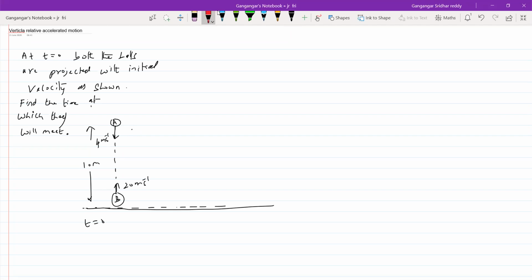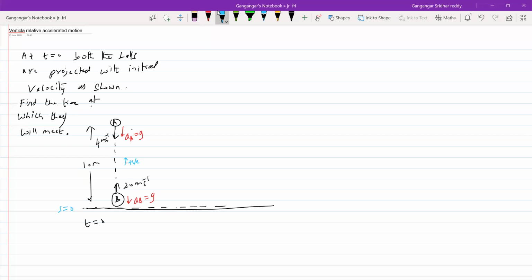What type of motion will the ball A describe? The ball A will describe accelerated motion. The weight will act vertically down, so acceleration equals g. The weight of ball B will also act vertically down. Anything directed up, let me take positive. It's a convention, and a student can pick any convention in any direction. So I'll pick anything directed upward as positive, and let this be S equal to 0.